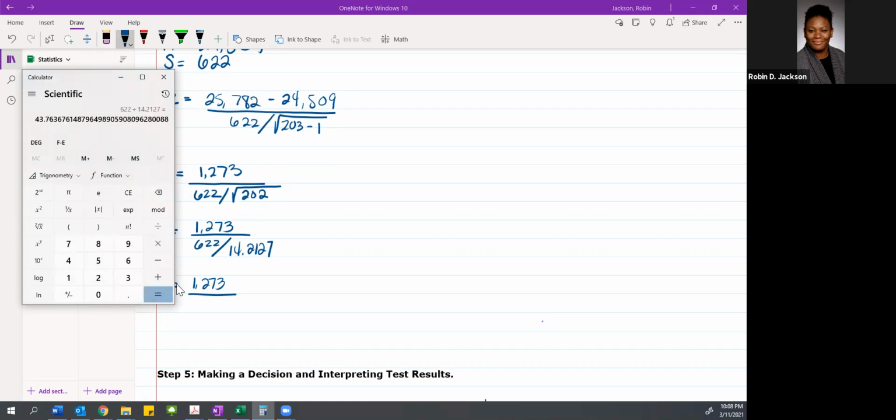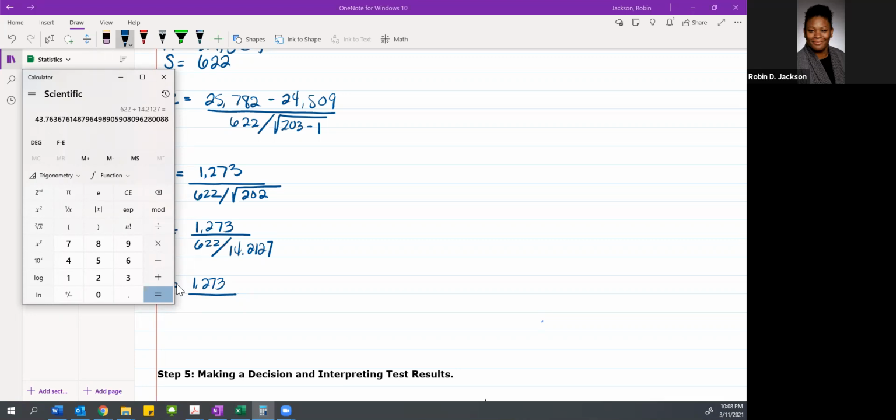That gives us 43.7636. That 6 is followed by a 7, so that's going to be an 8. Okay, so 43.763, wait, hang on a second. 7636.